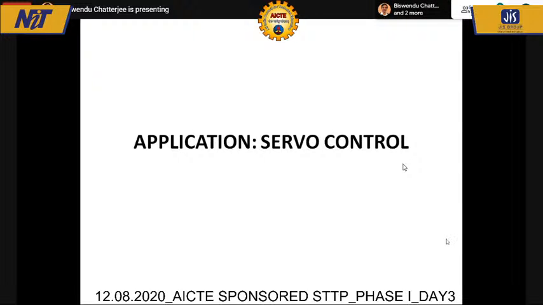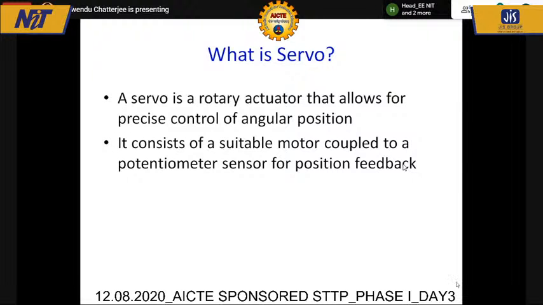Now this servo control has innumerable applications, right from the printers, scanners, plotters, everywhere. Now, what is servo?